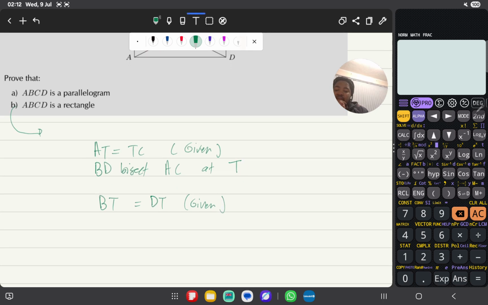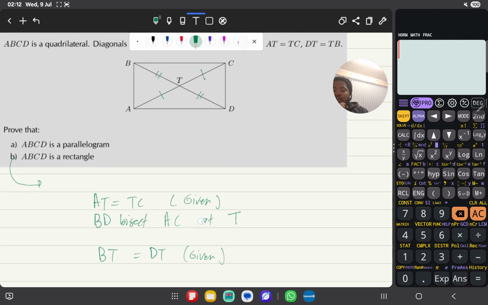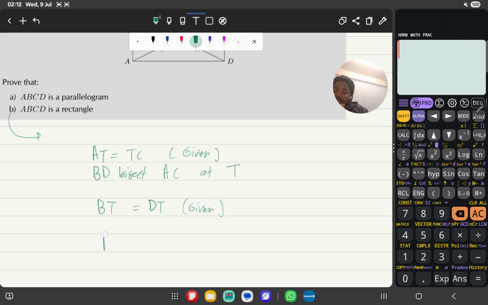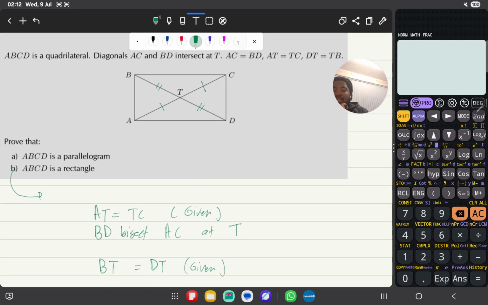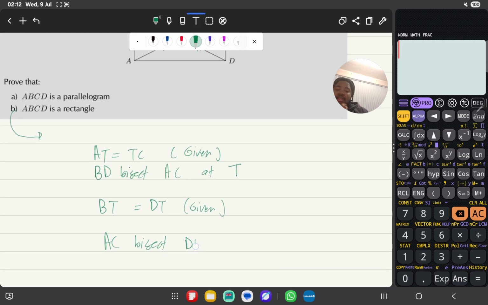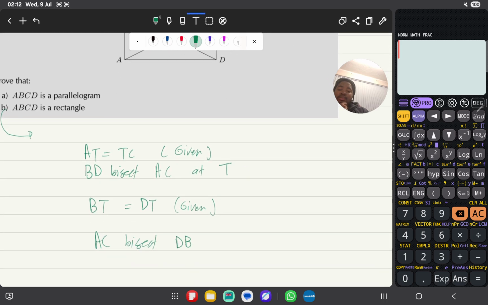And also here you realize that, wait. You realize that AC, it bisects BD at T. So AC bisects BD at T.